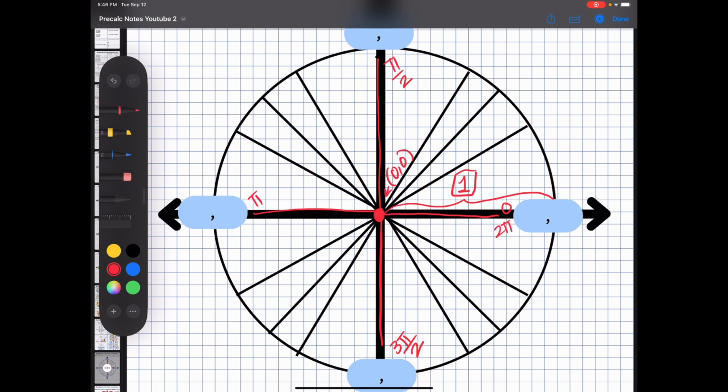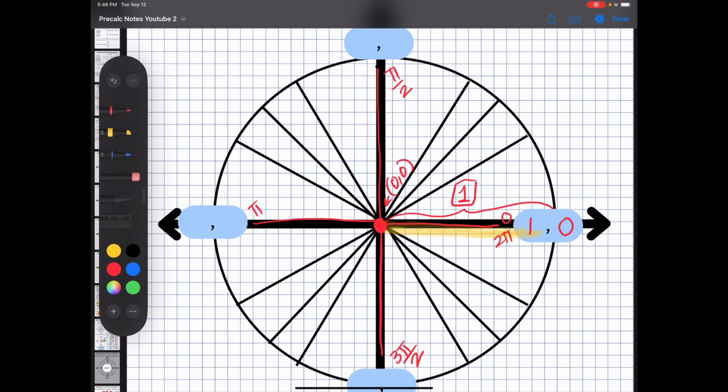Okay? So if I'm at 0, 0, and I move 1 unit to the right, this coordinate would need to be, I moved 1 on the x and I didn't move up or down on the y-axis. Okay? This is where I'm at. So this coordinate is 1, 0.